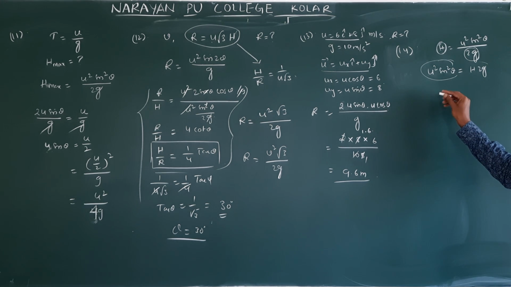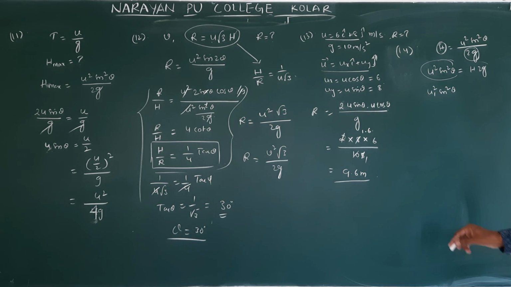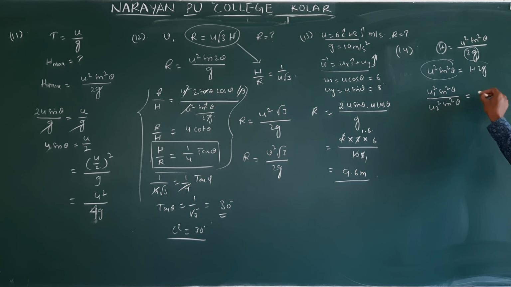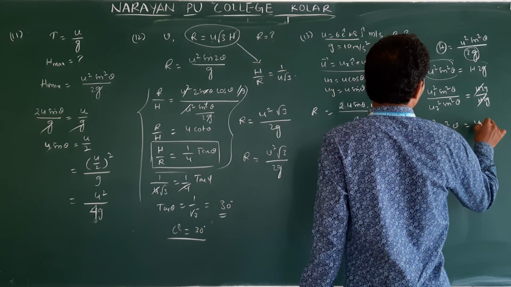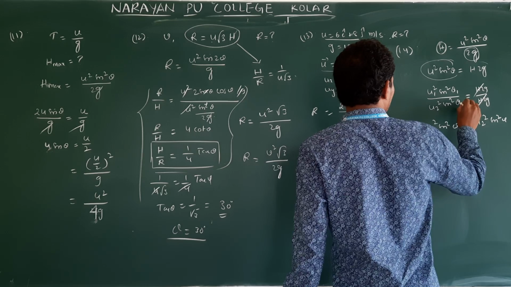So how can we write the ratio? This is u1 square sin square theta 1 by u2 square sin square theta 2 is equal to h by 2g, h by 2g. Understand? These two will be cancelled. Clear? So then u1 square sin square theta 1 is equal to u2 square sin square theta 2. Here theta is also changed, so theta 1, theta 2.